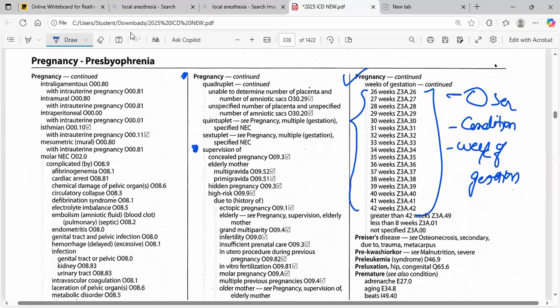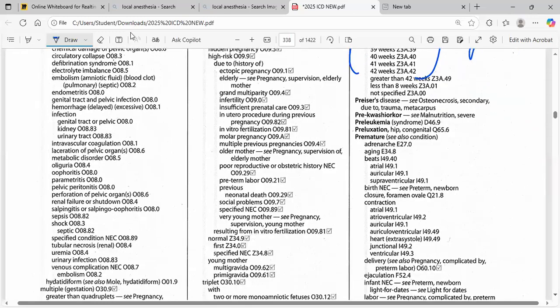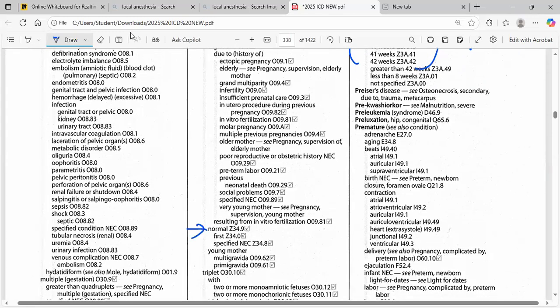Right now we are discussing the normal. Under the normal we have two categories: first and specified NEC. You will determine first and specified NEC based on the number of gravida.